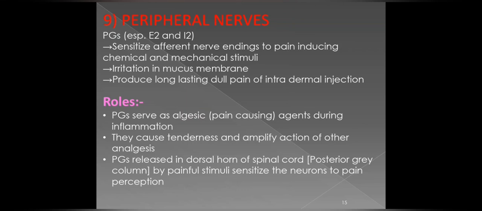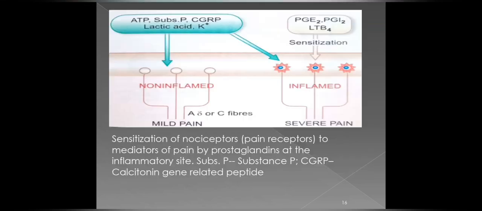They cause tenderness and can amplify the action of other analgesics. Prostaglandins released in the dorsal horn of the spinal cord, that is the posterior gray column, by painful stimuli will sensitize the neuron to pain perception. This figure shows the prostaglandins sensitizing afferent nerve endings to pain-inducing chemical and mechanical stimuli.